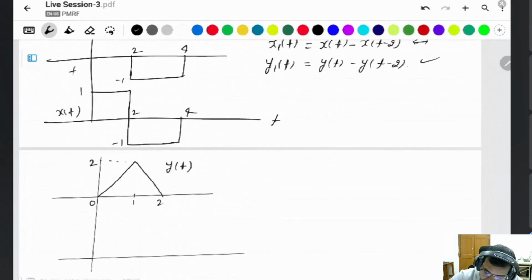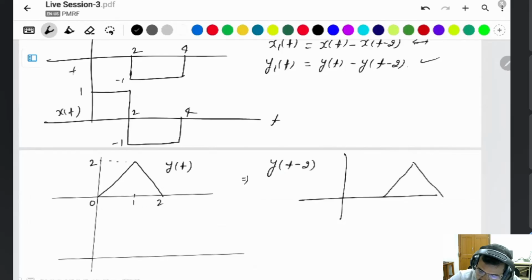Then first do y(t minus 2), and how is this one? t minus 2 means this is shifted by 2 like that, this one is 2, 3, this one is 4, and the magnitude is the same, 2. Now this is y(t minus 2).